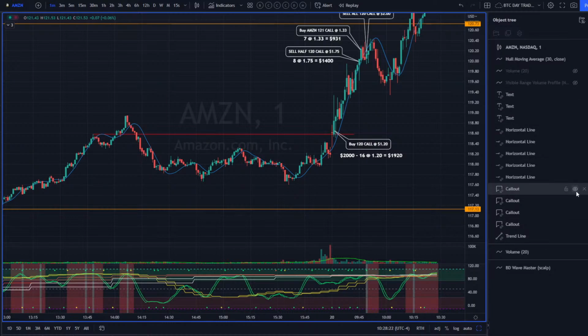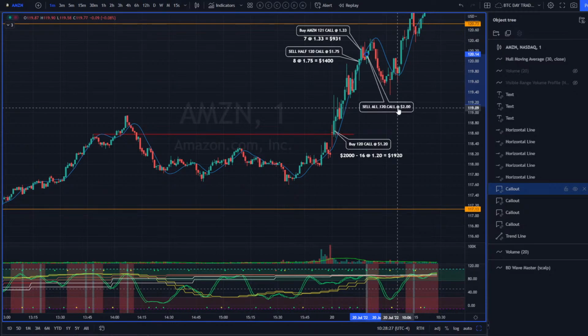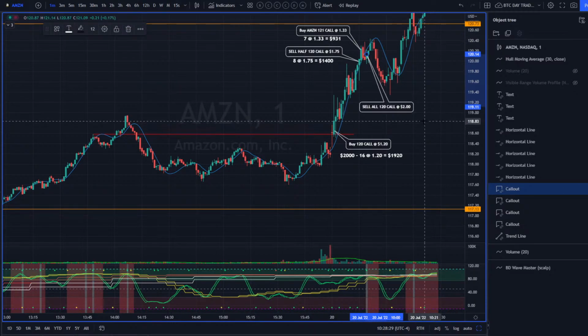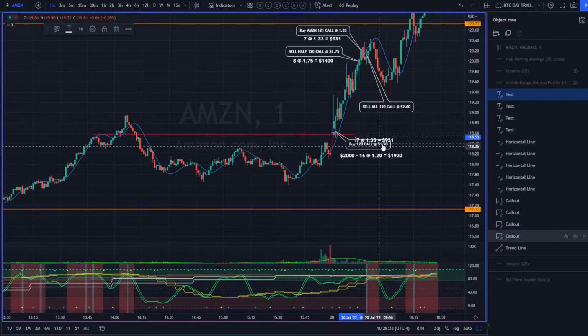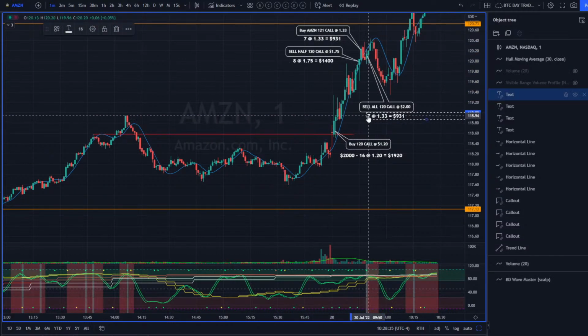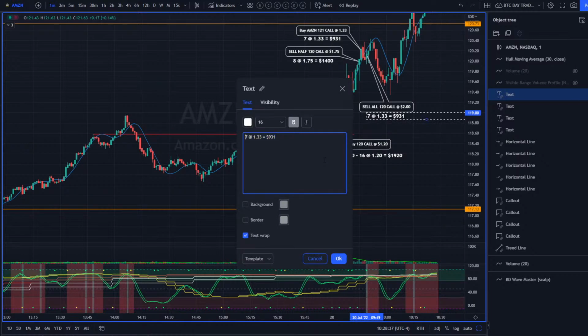We decided to sell the entirety of the 120 call at $2. Let's talk about what this means. We're selling the rest, which means we're selling our final 8 contracts at $2, and that means we are reclaiming $1,600.